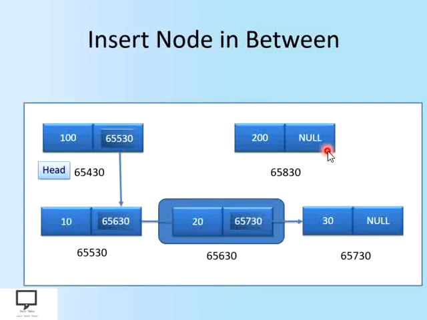Before updating this field, we have to form a link between these two nodes first of all, because we have a pointer for this particular node, as well as this address in the next field of this current node. So now the address in the next field of this current node we have to paste over here, or overwrite onto the null.